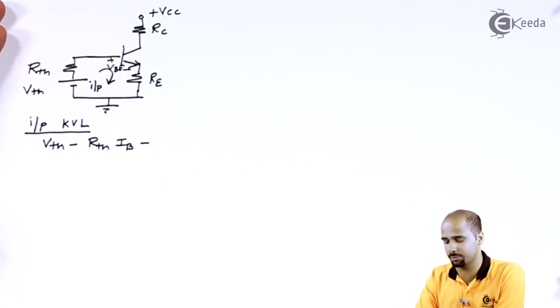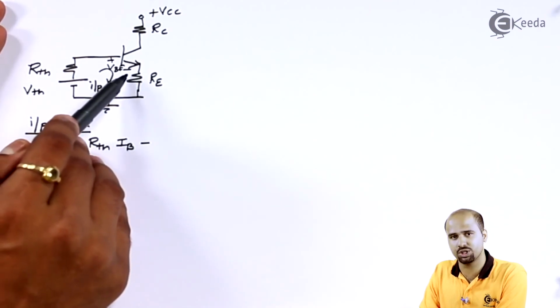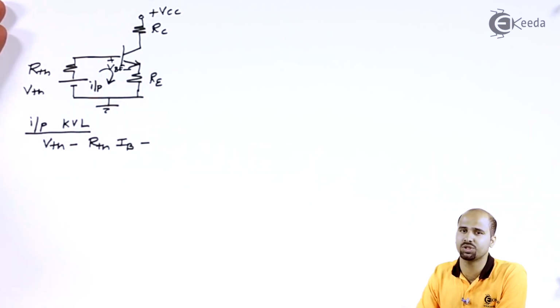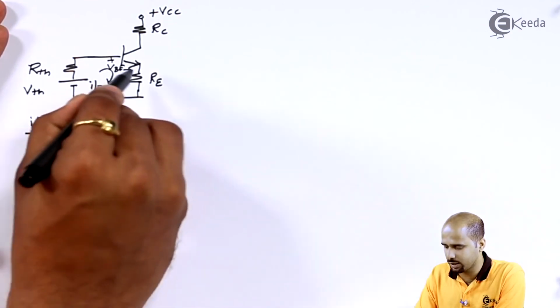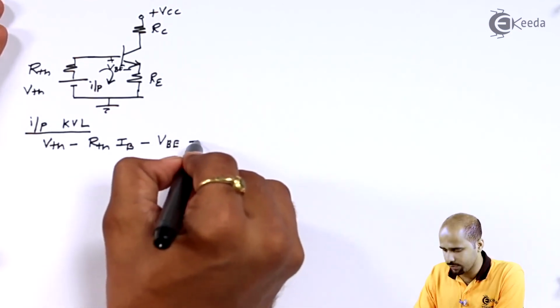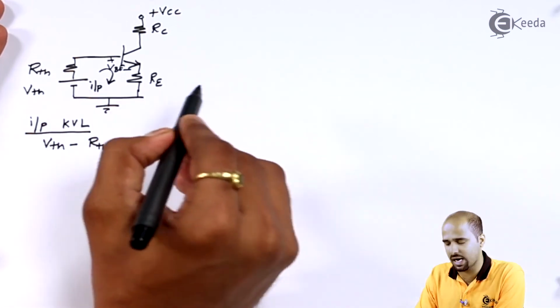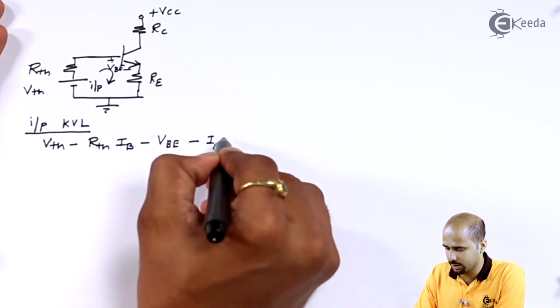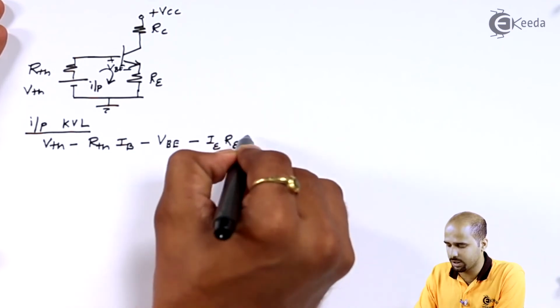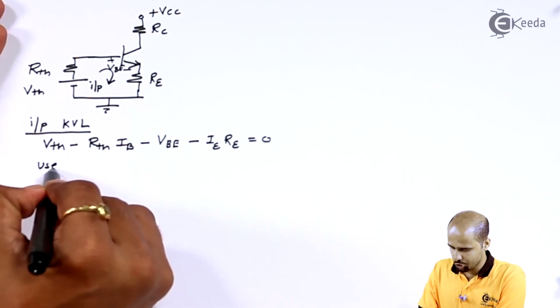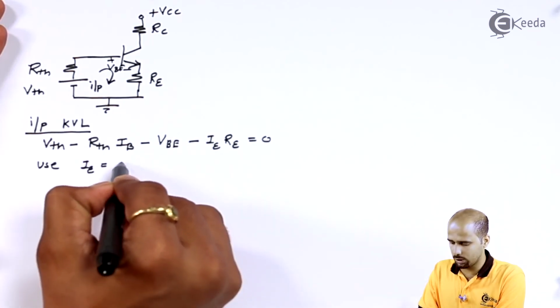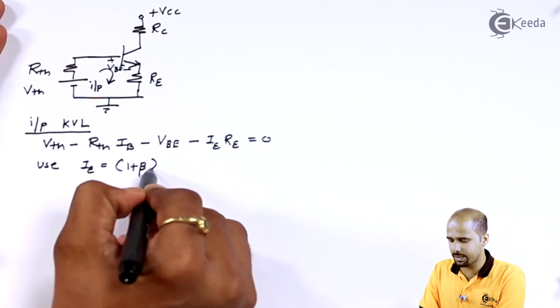In forward bias, the BE potential is always equal to the diode potential, that is 0.7 for silicon and 0.3 for germanium. So we'll just write it as VBE. Now we have entered the emitter region, so the voltage drop across RE is nothing but emitter current multiplied by the emitter resistance, and it is equal to 0. I will use IE equal to 1 plus beta times IB.